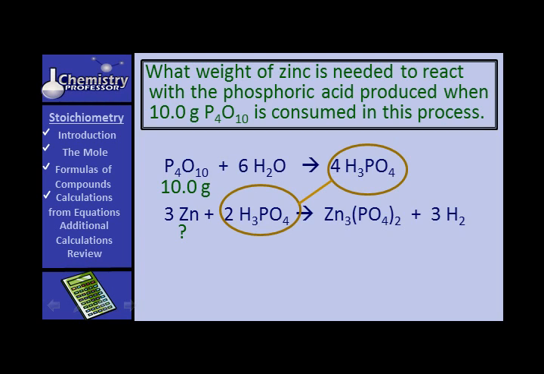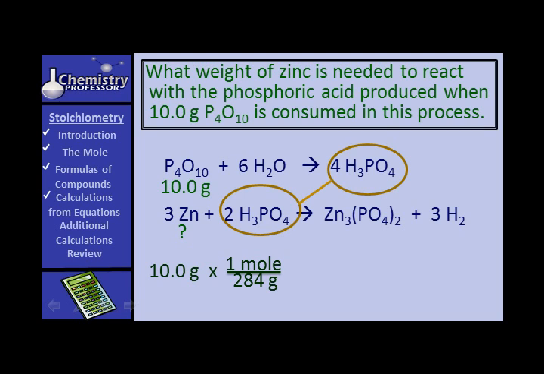The mass of zinc. So we've got to go from P4O10 to something, and then from that something to zinc. And the something that we've got to get to is the H3PO4. That is our connector. So we start with 10 grams of P4O10 and get to moles of P4O10 by multiplying by 1 mole over 284 grams.